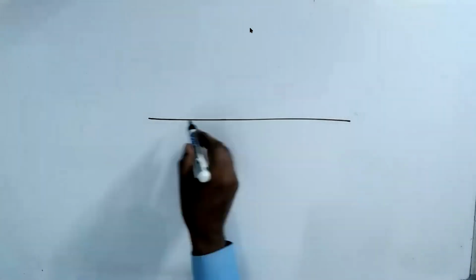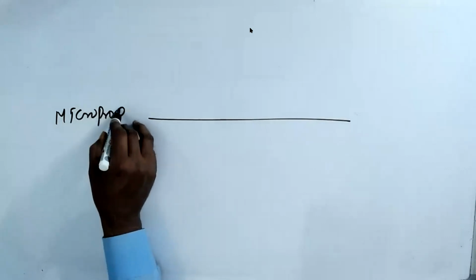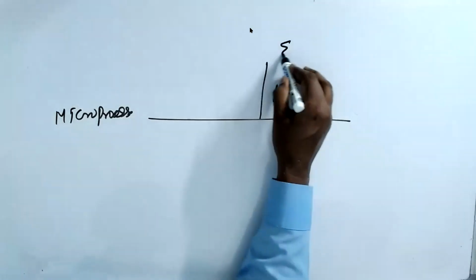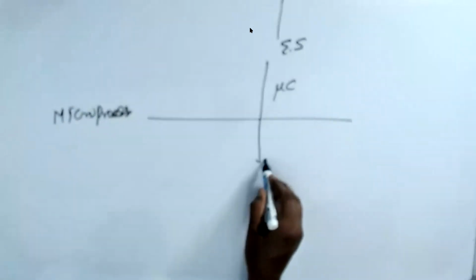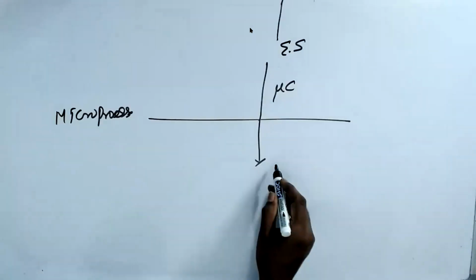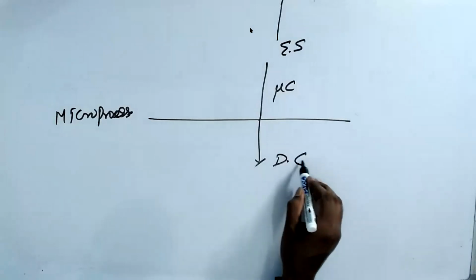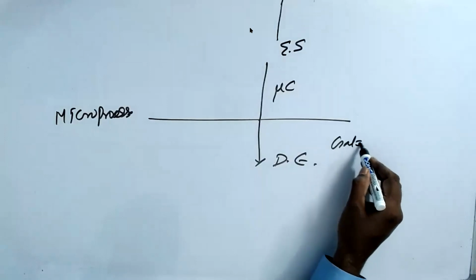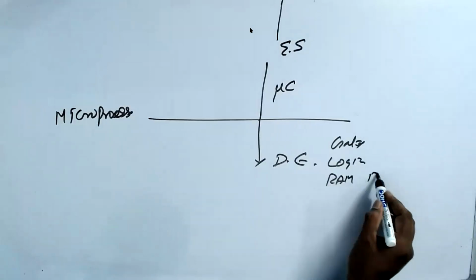In the middle, we started with the microprocessor. Then we go up to microcontroller, embedded systems like that. And in the bottom, we go down to digital electronics, that is gates, logic, and RAM, how they are working.